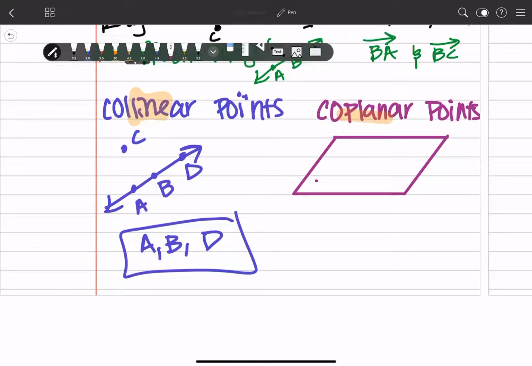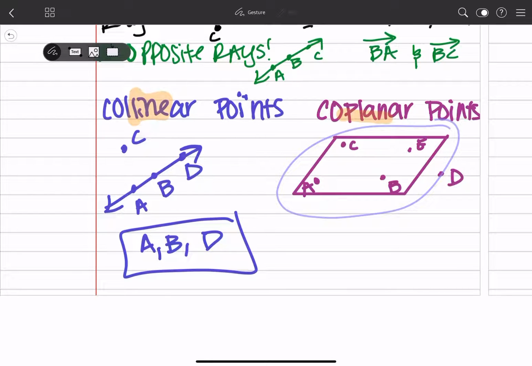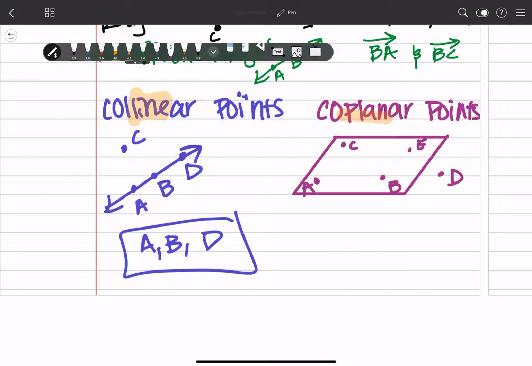Okay, so got point A, C, B, E. I'm going to put point D out here. And your coplanar points right here are everything that are on this plane. And D, well, sorry, buddy. We've just got A, B, C, and E.